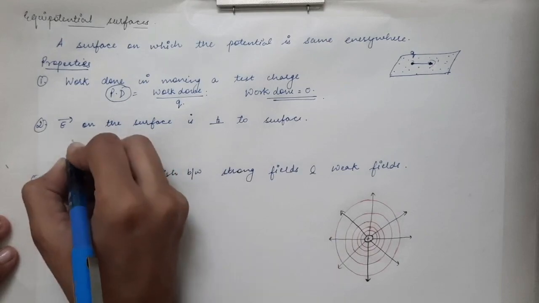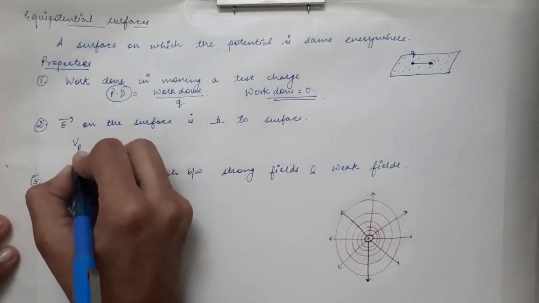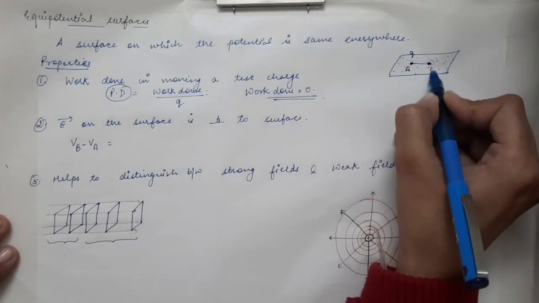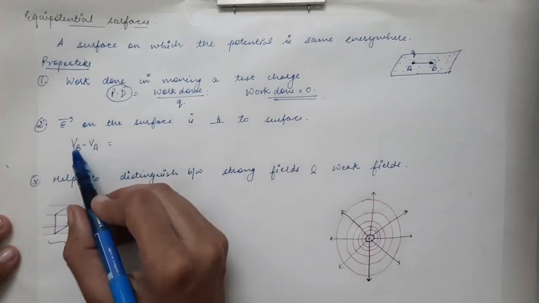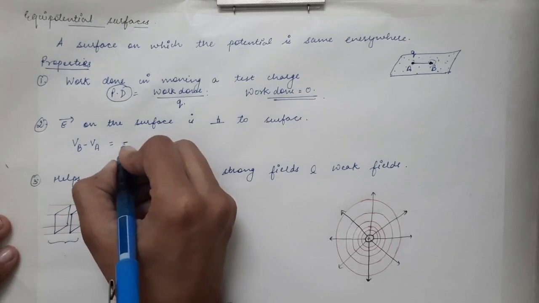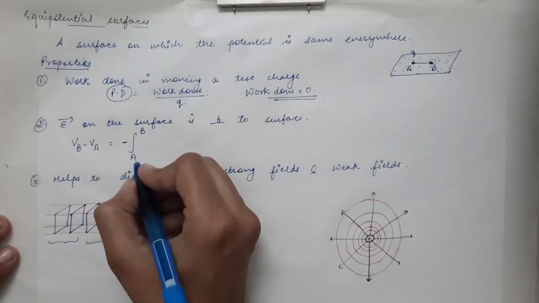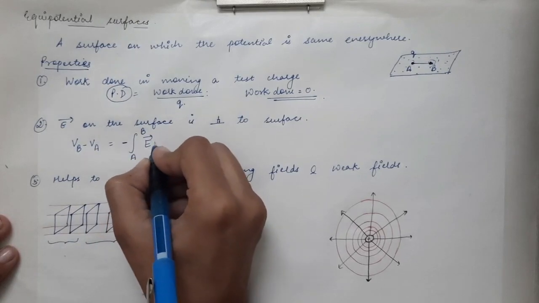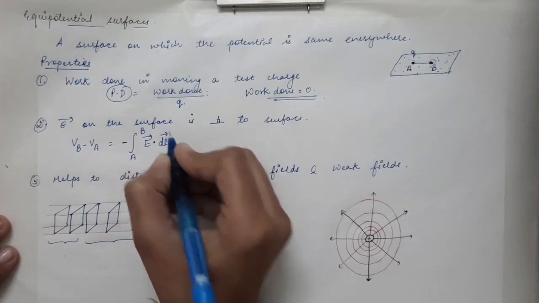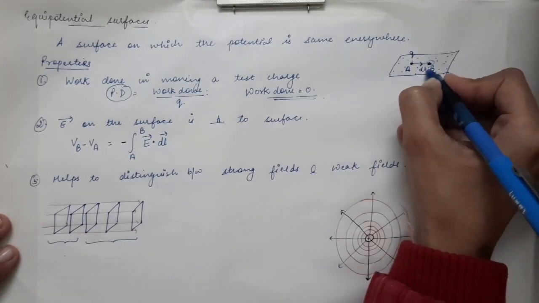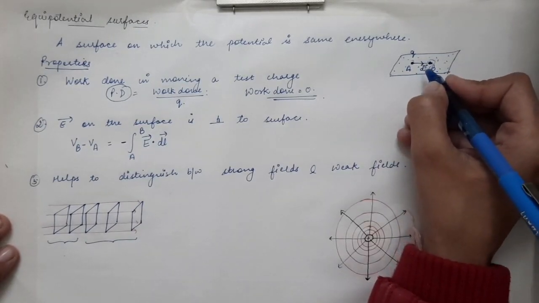As we have seen, the potential difference VB minus VA, let's say this is point A and this is point B, is given by negative of the integral from A to B of electric field E vector dot dl vector. So you are moving a distance of dl, a very small elementary length.